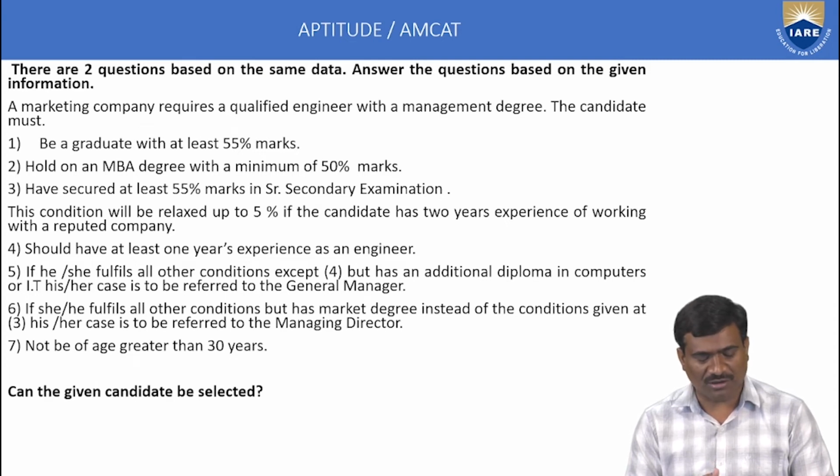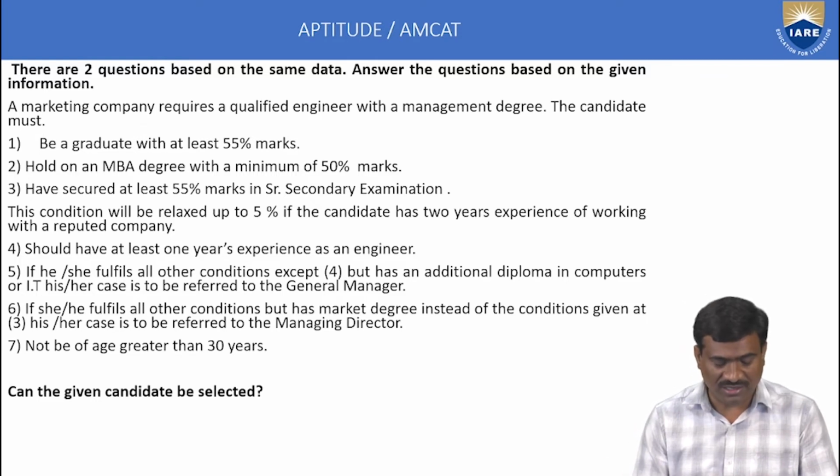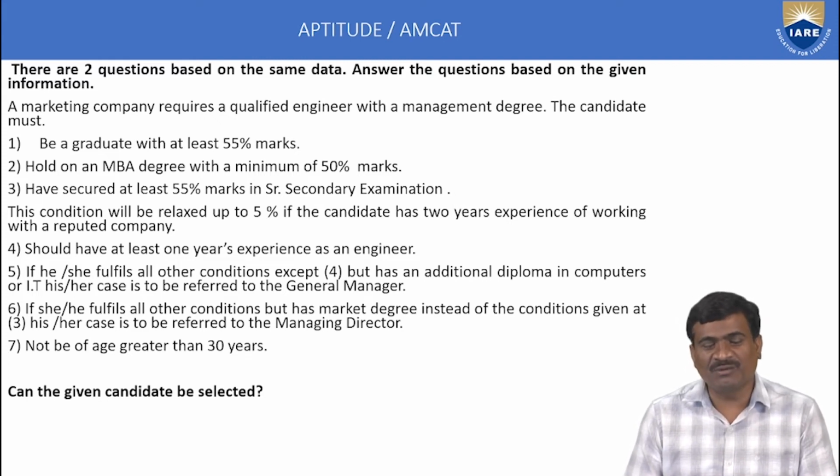A marketing company requires a qualified engineer with a management degree. The candidate must satisfy the conditions. First condition: be a graduate with at least 55% marks. First condition, minimum qualification graduate, minimum percentage 50 marks and above.